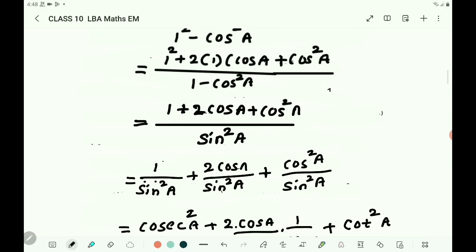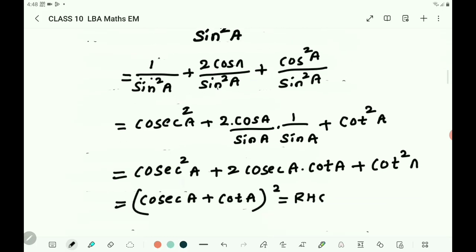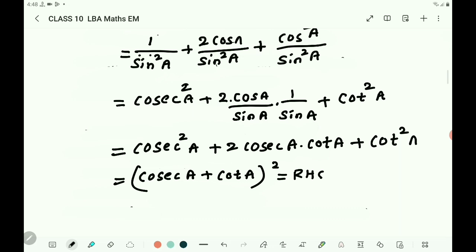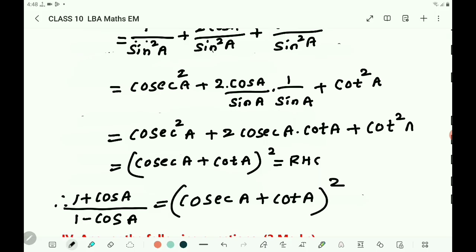Therefore, you can write 1 plus cos A by 1 minus cos A equals, therefore 1 plus cos A by 1 minus cos A is equals to what? Cosec A plus cot A whole square.